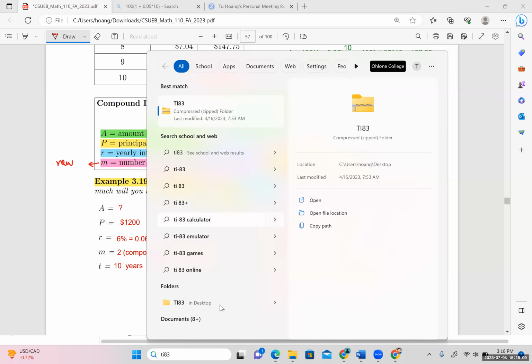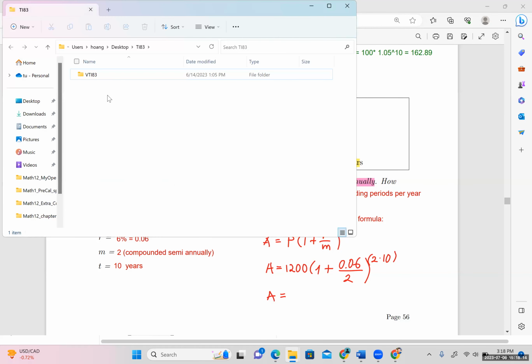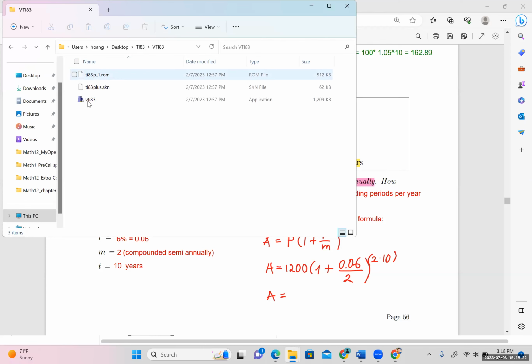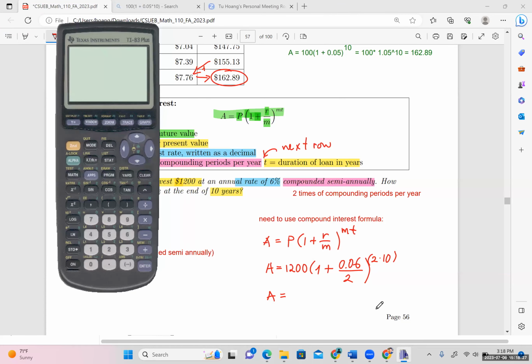I have my own TI calculator here. So 1,200 times big parentheses 1 plus 0.06 divided by 2, close the parentheses.